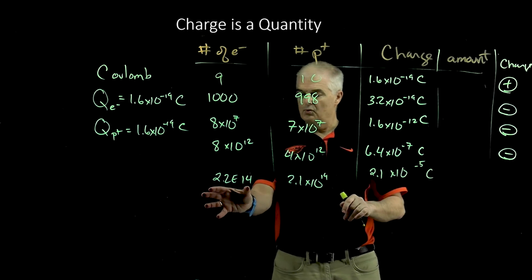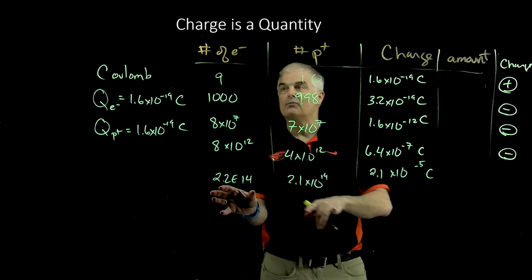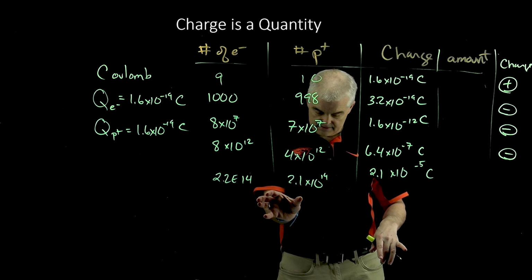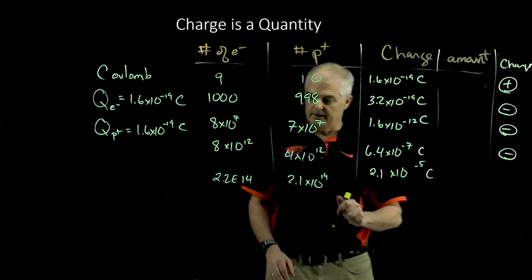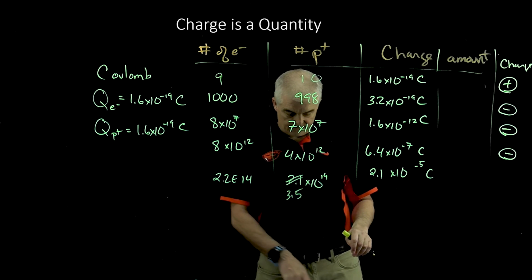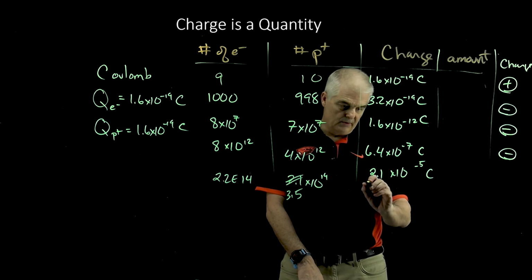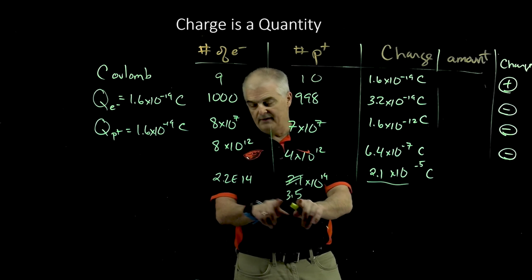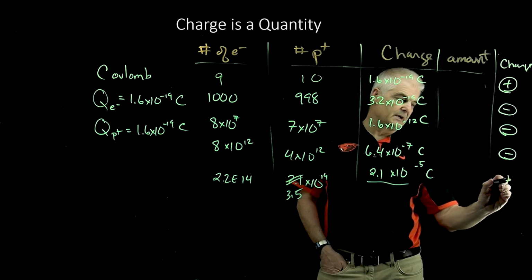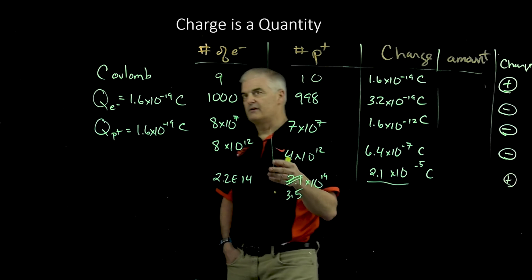Now I've got more, 2.2 is bigger than 2.1, so I've got more electrons than protons. Hold on, I didn't do this right. I actually had 3.5 times 10 to the 14th, and then I get 2.1, this is correct. And 3.5 is bigger than 2.2, they're both to the 14th power, and then this would be a net positive charge.